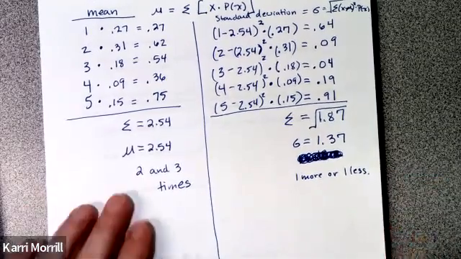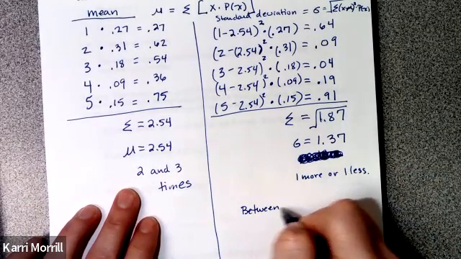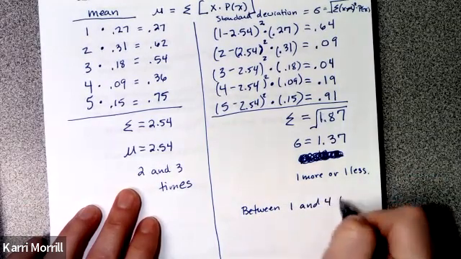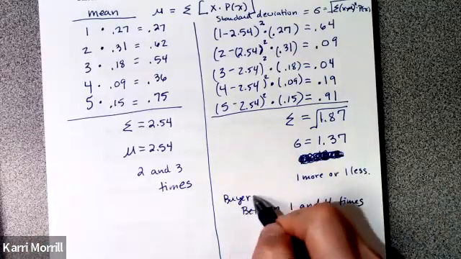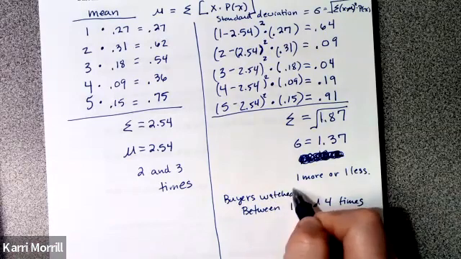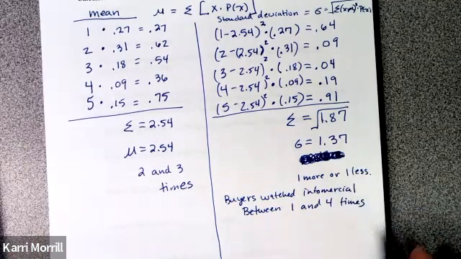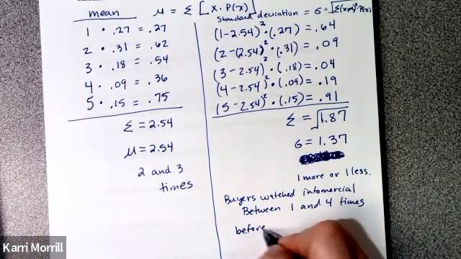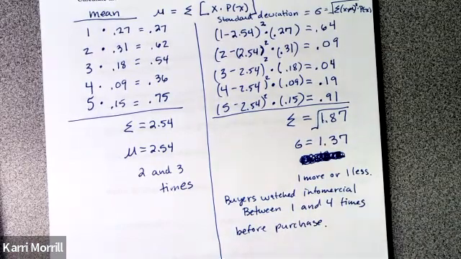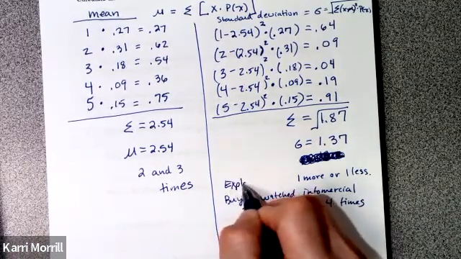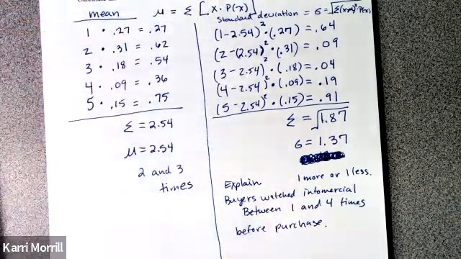So I would subtract 1, and I could say between 1 and 4 times. So buyers watched the infomercial between 1 and 4 times before purchase. That is a way you could explain that, since it only asks for standard deviation, but we have to go through our mean so that we can find the standard deviation.